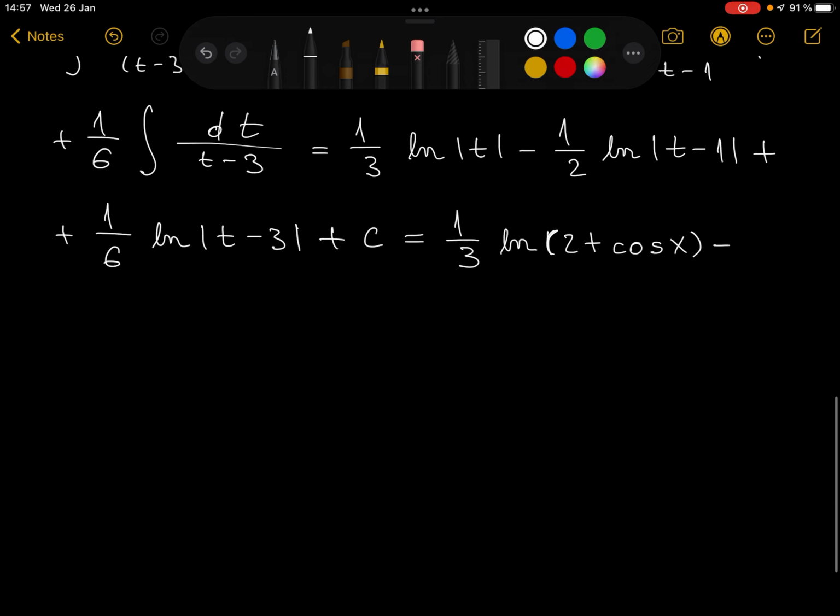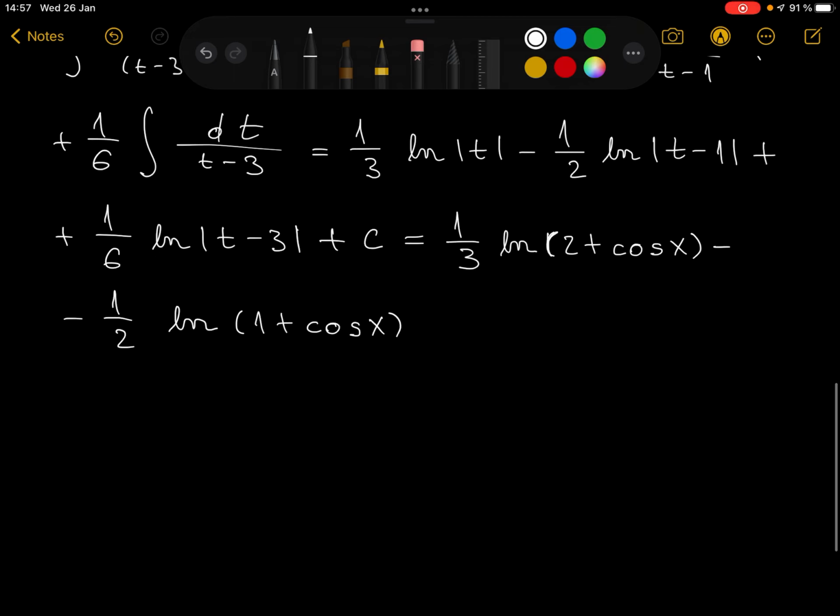Minus 1/2 of the natural log of 1 plus cosine x. And in this case, we can possibly get ln of 0, which isn't defined.